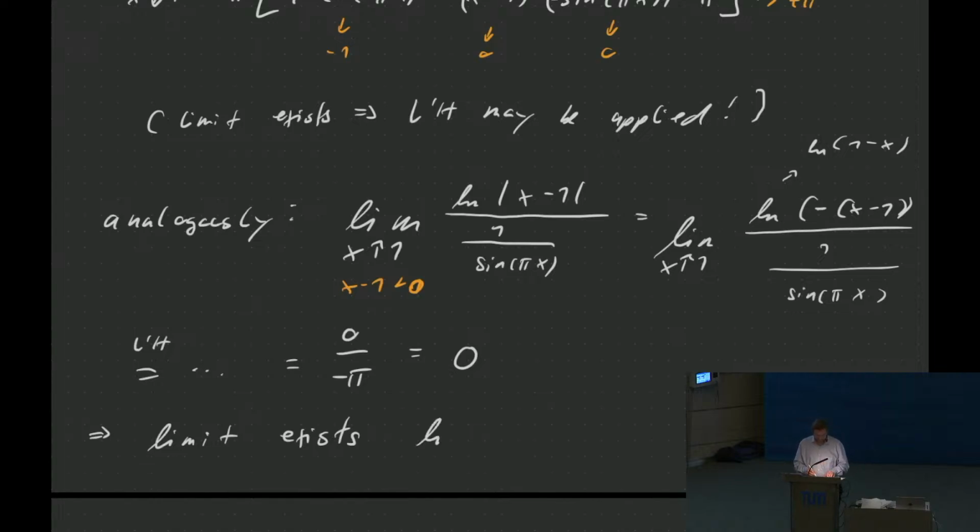So the limit exists, and what we get is the limit of, what was the original formulation here? Sine pi x times ln absolute value of x minus 1 as x tends to 1 exists and has a value of 0. So those who said 0 were actually right this time.